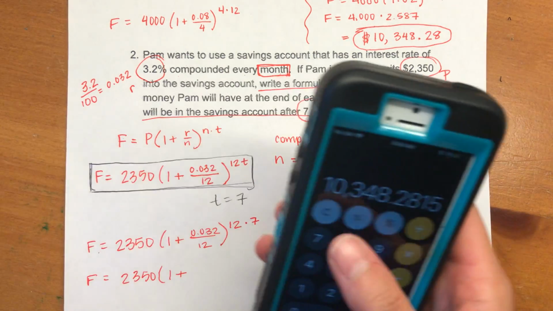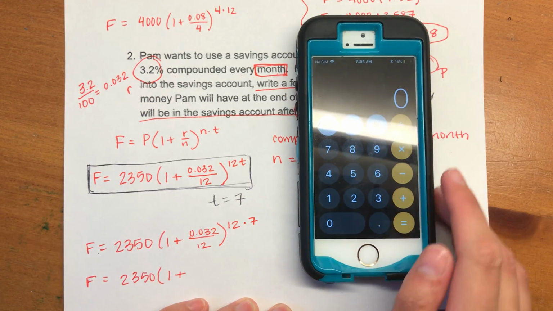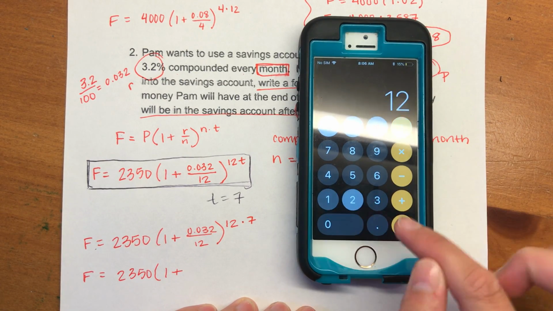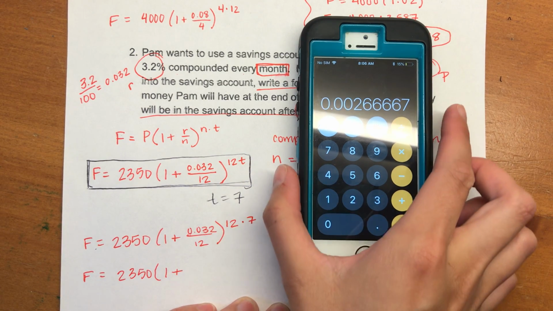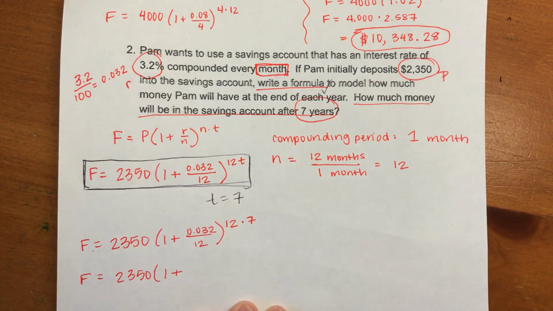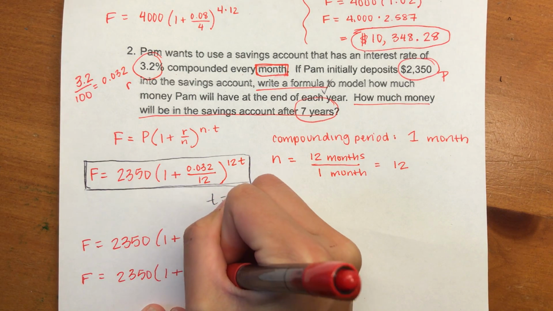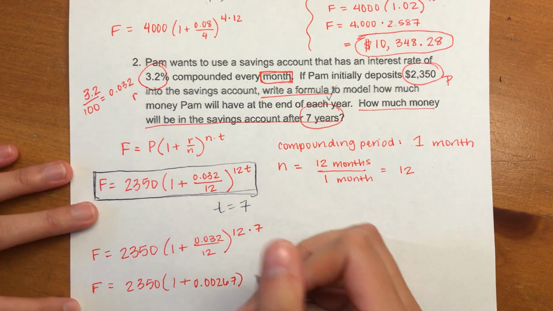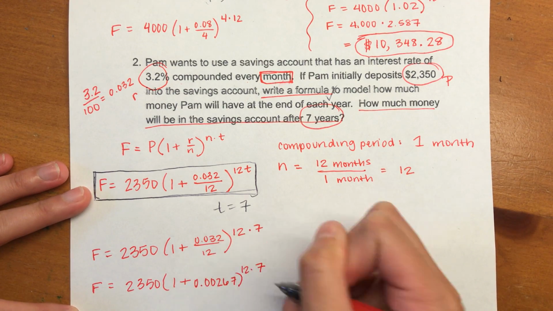And I'll get 0.032 divided by 12 is 0.00266, to the 12 times 7.